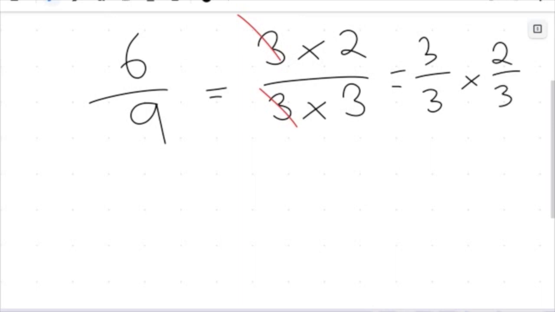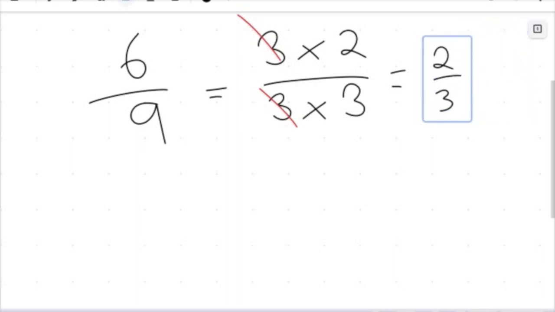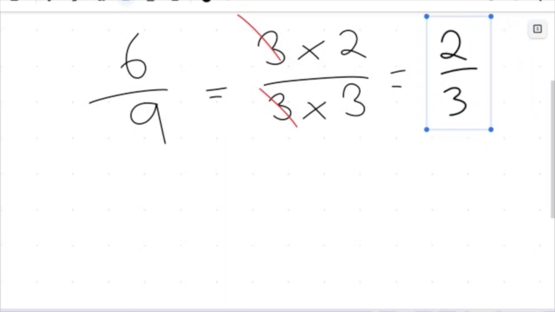But this 3/3, anytime I divide a number by itself, that just becomes 1. So that is like saying 1 times 2/3, but 1 times any number or fraction just gives us back that number or fraction. So that's why our answer can get simplified to 2/3.